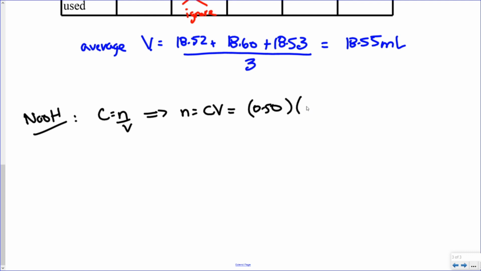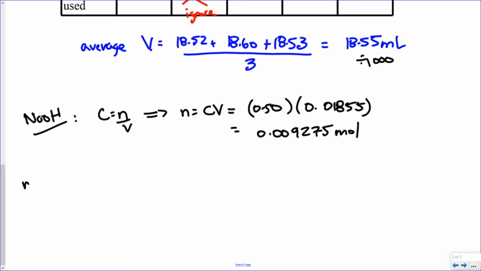Remember, volumes need to be given in liters, so we're going to divide this by 1,000 to give us 0.01855. And when we do that, we get 0.009275 moles. The mole ratio here, I believe it was just 1 to 1, which is nice and easy.